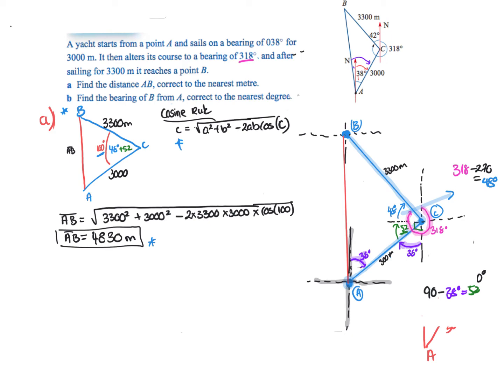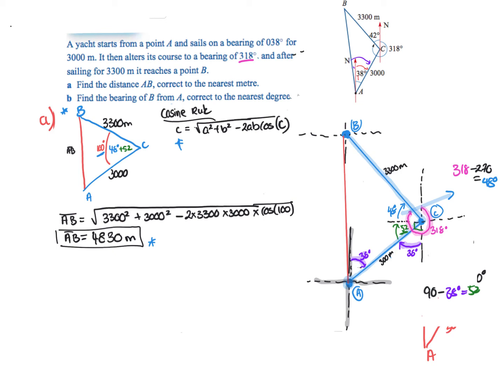Okay, the next bit is find the bearing of B from A. So what it means is I want to start at my A, where's A? And I want to go from its north line all the way until I hit where it joins up. Okay, so we can see in here that red line.